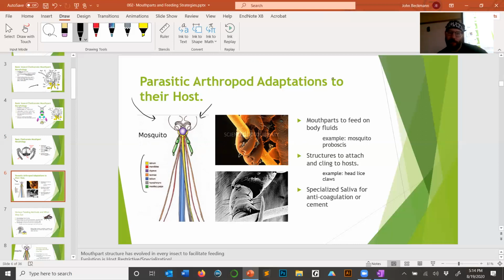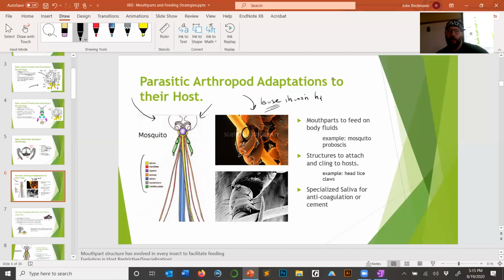And not only mouth parts evolve, but here's a claw from a louse. I show this because the evolution of ectoparasites and things that bite you is so specific that, in the case of the louse, the actual diameter of the grip of these claws is specifically evolved to wrap around, in our case, human hair.